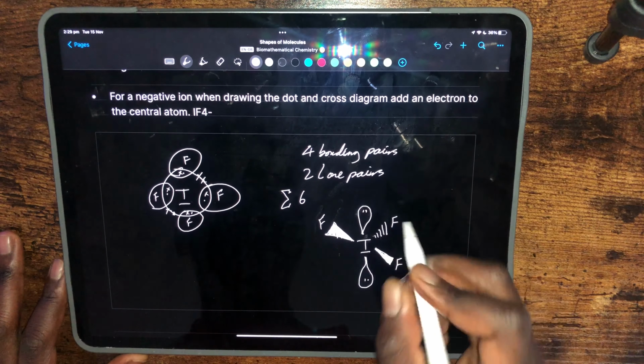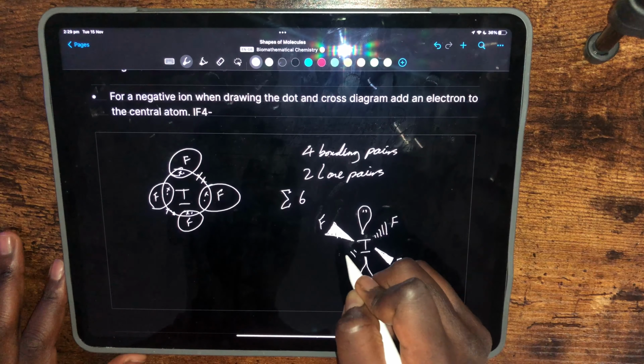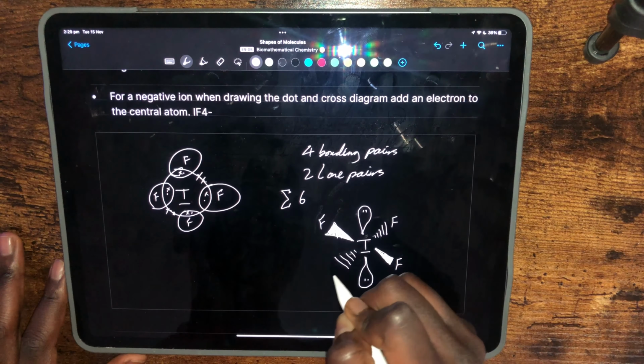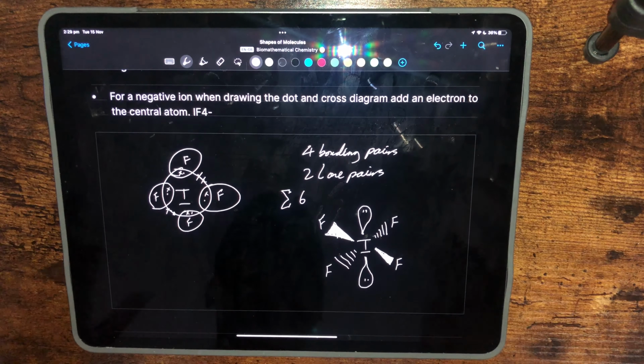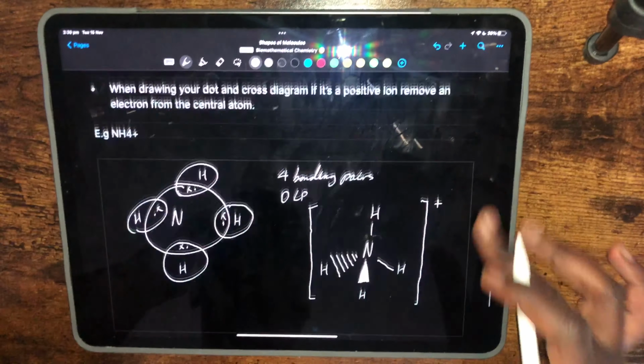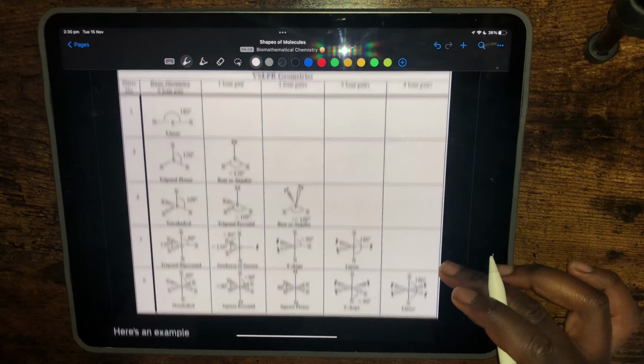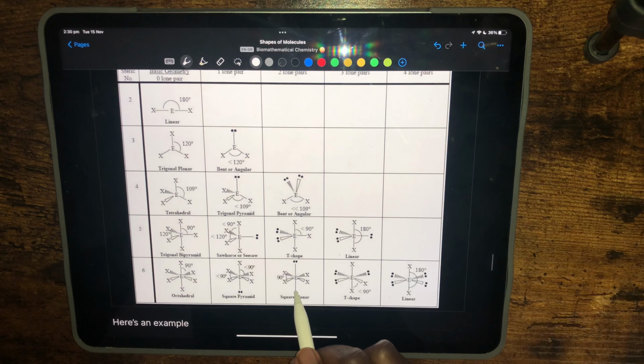Make yours a bit neater than mine, I guess. Great. If I'm wrong, I'm going to double check just to make sure that it's the right one, but it should be, yes, and it's a 90-degree angle between each one. See, it still kind of looks like an octahedral shape.